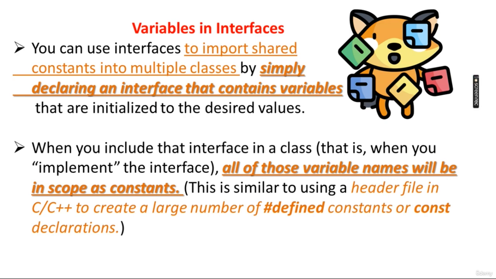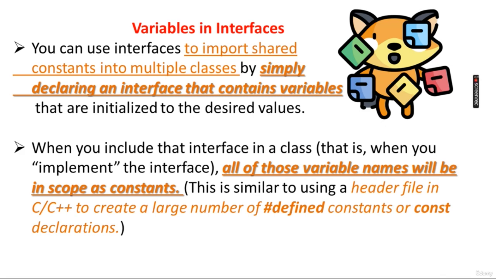So you can use interfaces to import shared constants into multiple classes by simply declaring an interface that contains variables that are initialized to the desired values, that is, declaring the final variables in the interface. When you include that interface in a class, that is, when you implement the interface, all of those variable names will be in scope as constants, like in C and C++.